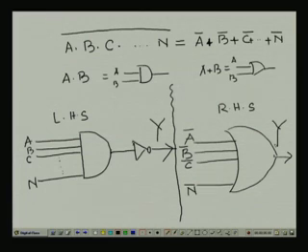Now, these two are same. So, in this way we can convert the logic gates, that means here how the AND gate is converted to the OR gate, that rule is given by De Morgan's first rule. Now, we see the second rule.